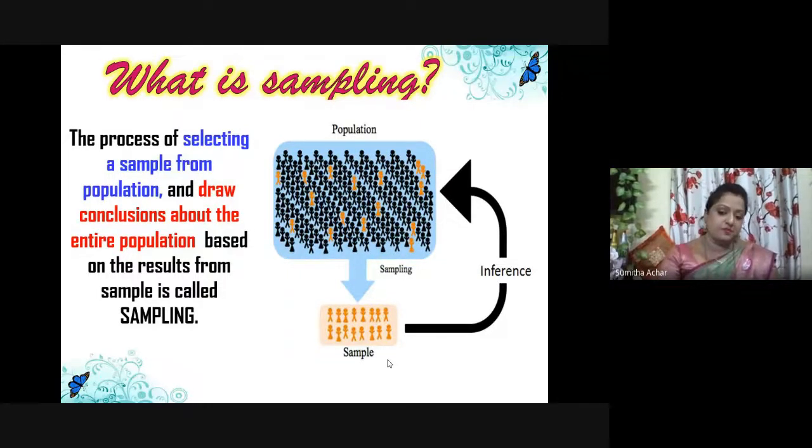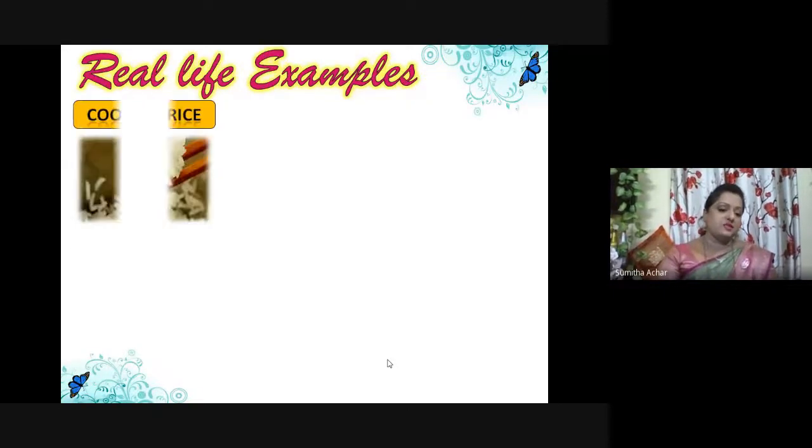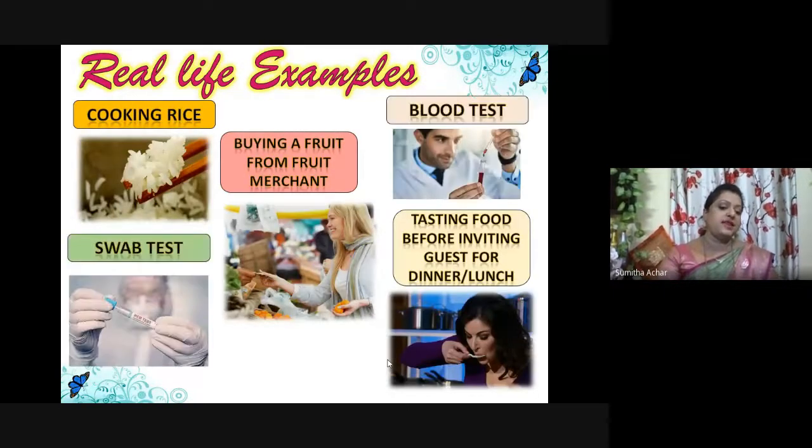You take a sample, do a statistical analysis on it, get some results, and generalize those results to the whole population. This entire process is called inference, and the process of selecting a sample from the population is called sampling, right?